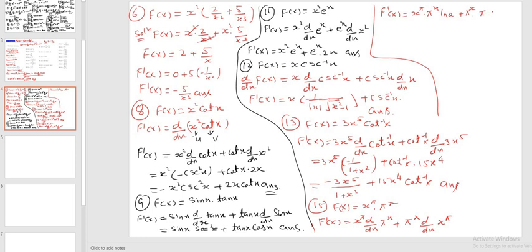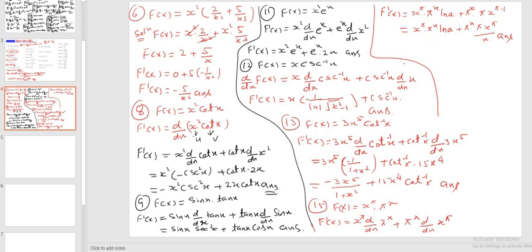So pi into x to the power pi minus 1. You can simplify it: x power pi, pi power x into ln of pi, plus pi power x, pi into x power pi divided by x. You can write it like that or simplify it. So this is your answer of question number 15.